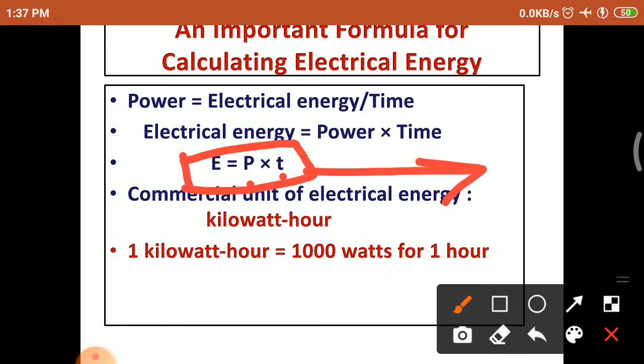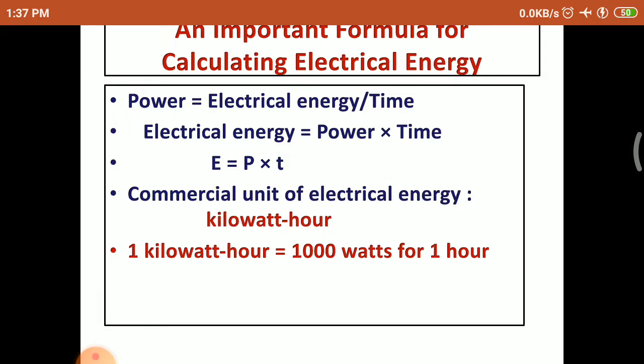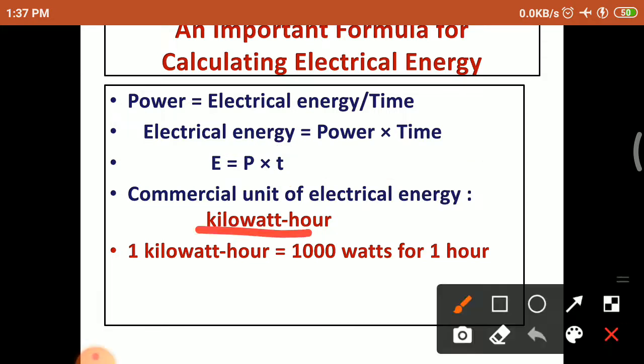And you know the unit of power is watt. The commercial unit of electrical energy is kilowatt hour. The unit of power is kilowatt, but the unit of electrical energy is kilowatt hour.